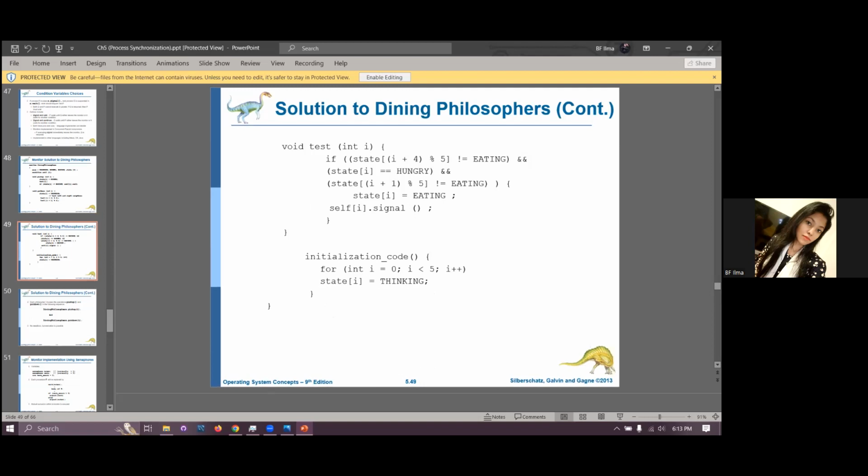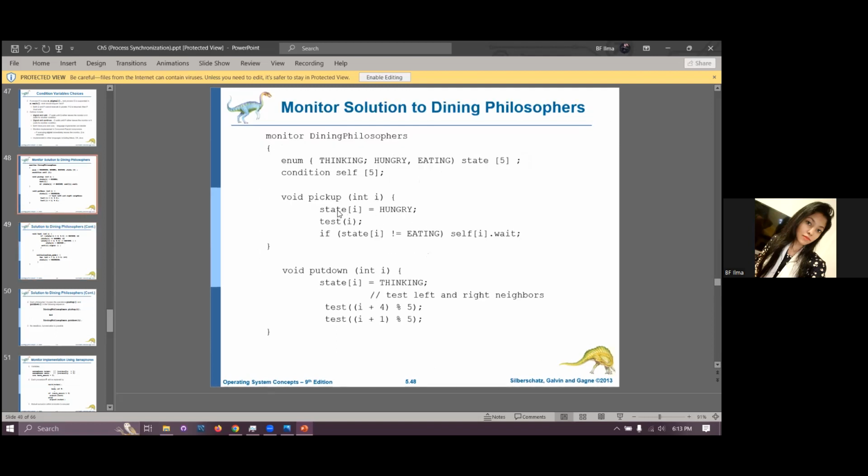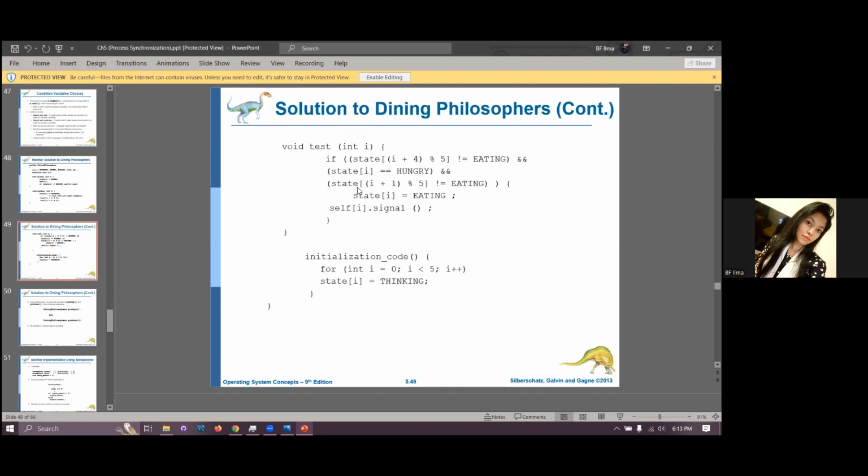After that, assume that a context switch happens in the middle. Then Pj executes, so the state of j is set to hungry. If you test j, j will not be able to eat if j is next to i, because i is already eating.